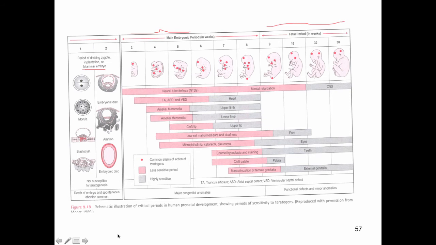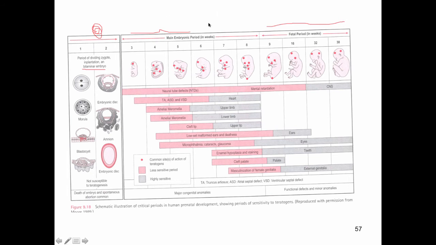Now, whenever we're thinking about teratogens, we have to bring up vulnerable periods of time. So in this slide here, we've got embryonic and fetal life broken up into three basic stages. There's pre-implantation here.